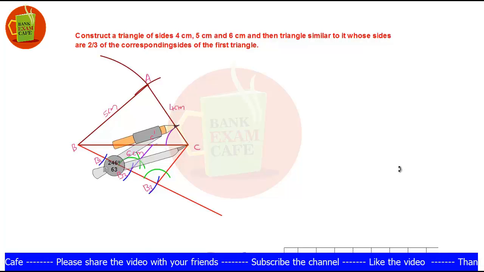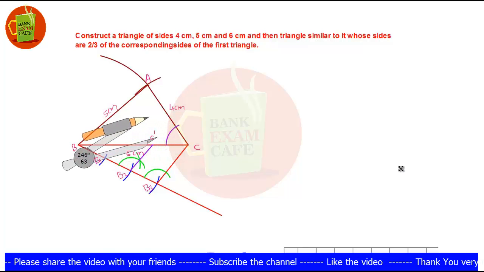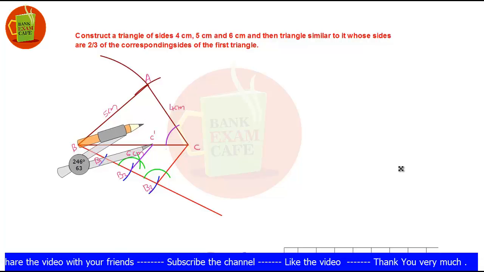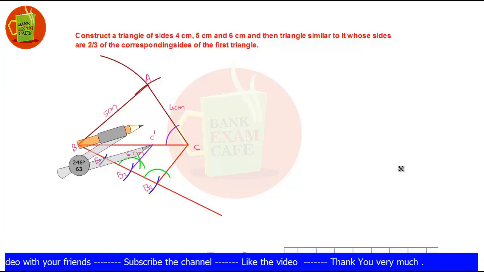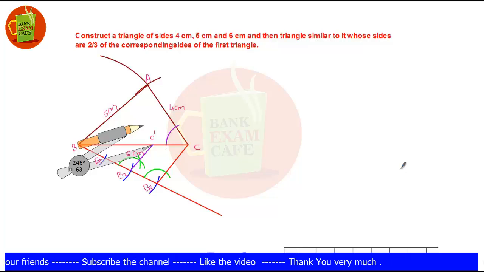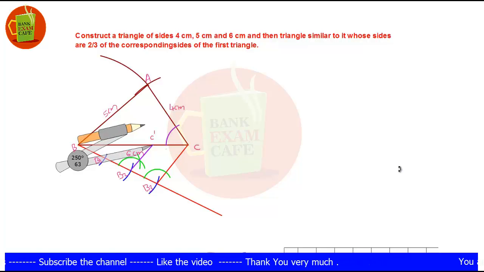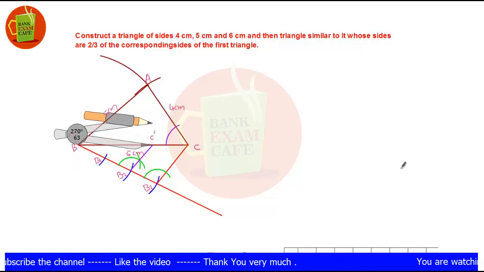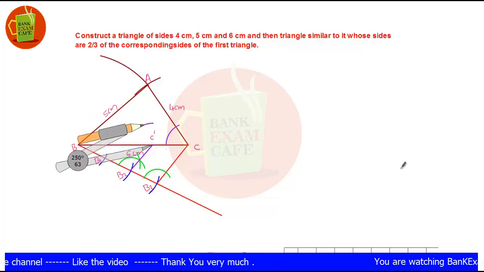Now keeping the same distance, go to the point C dash and from this C dash point draw the arc.